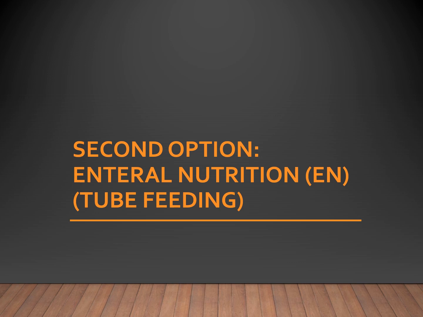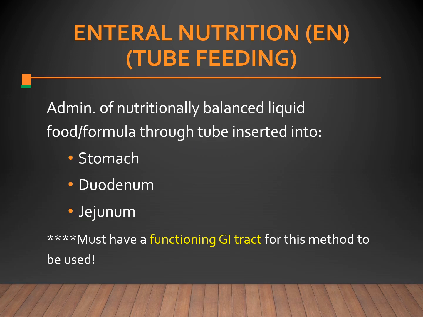If oral nutrition does not work, we can move to the second option, which is enteral nutrition, and parenteral nutrition are the next steps. So enteral nutrition is really when patients can't take any or enough oral nourishment. This is also known as tube feeding.